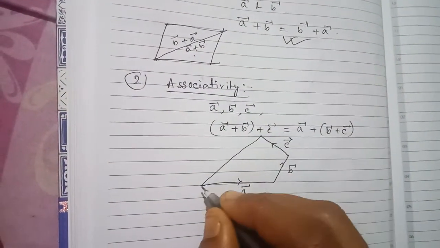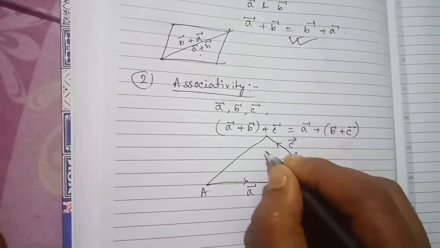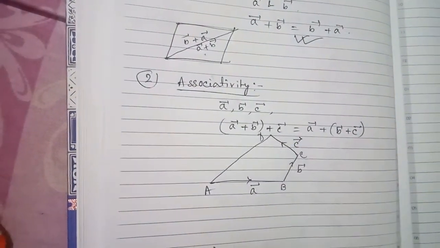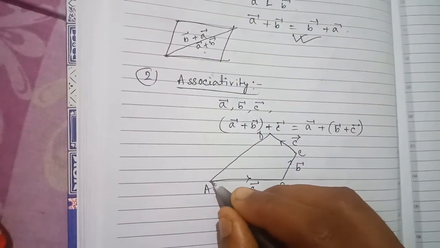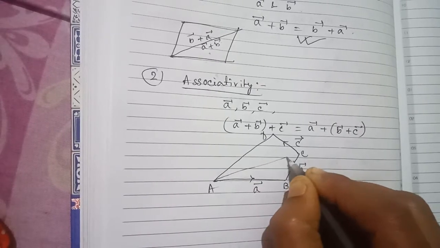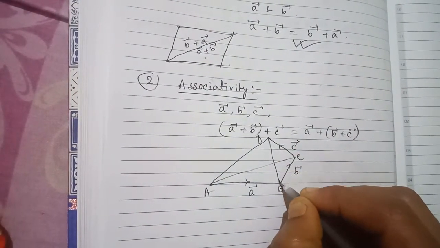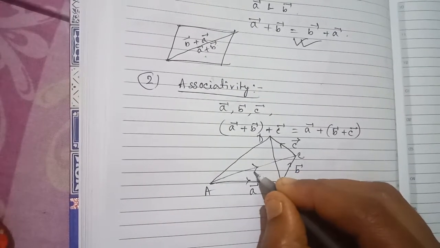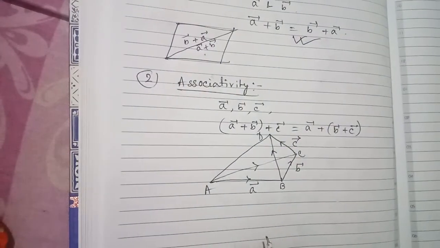Okay, I am giving the names A, B, C and D. Now I am drawing both the diagonals. This is AC diagonal and this is BD diagonal.